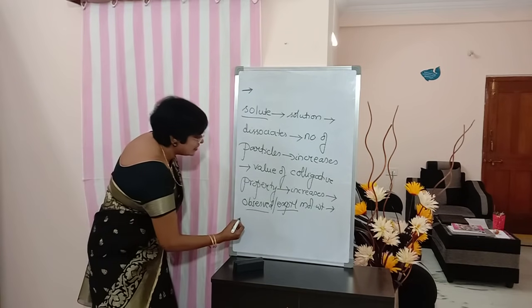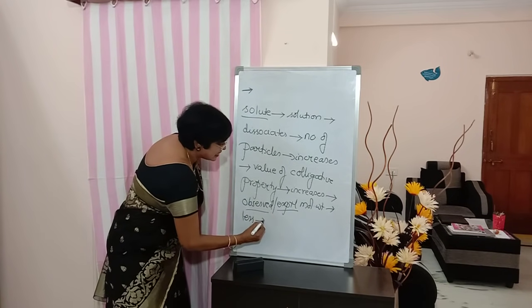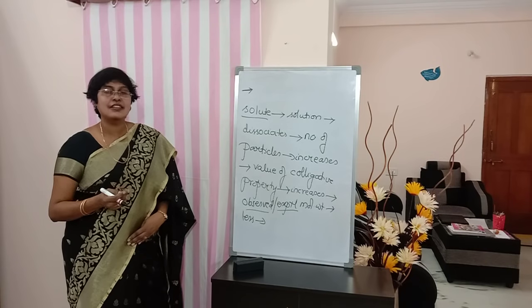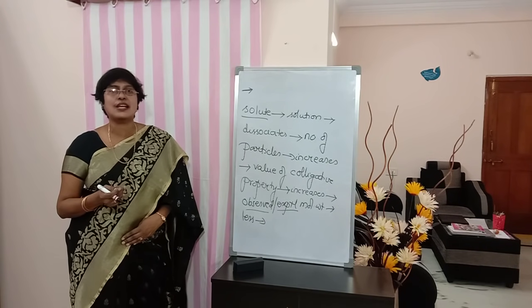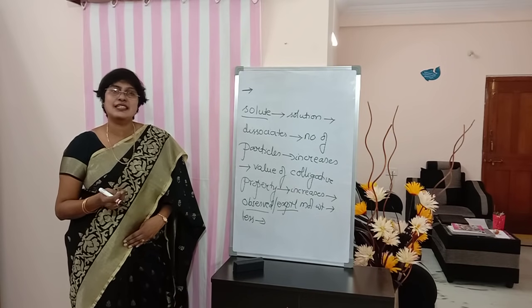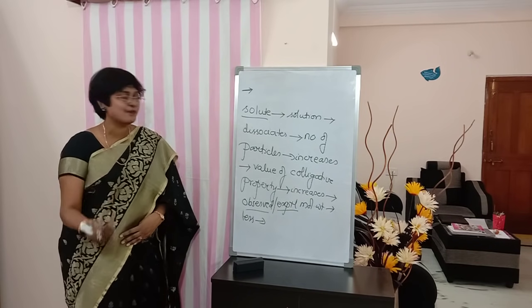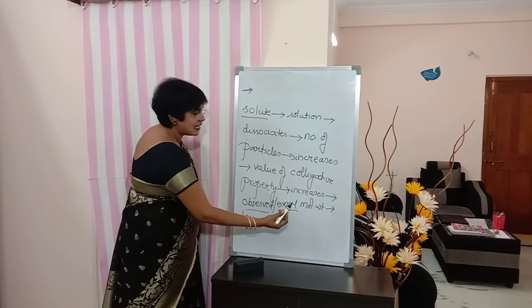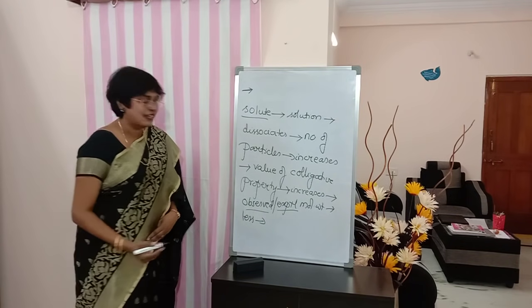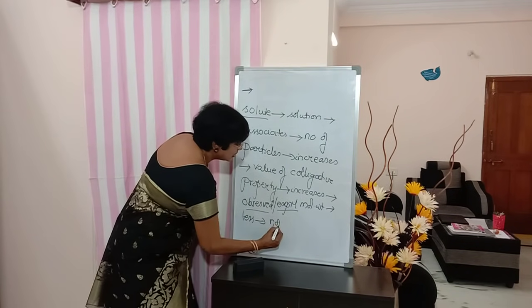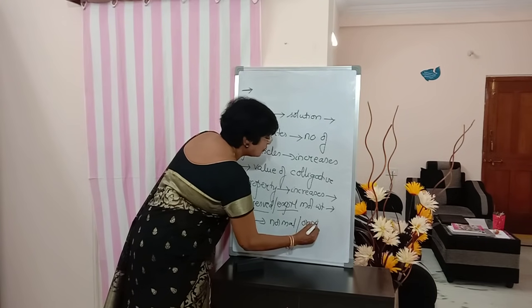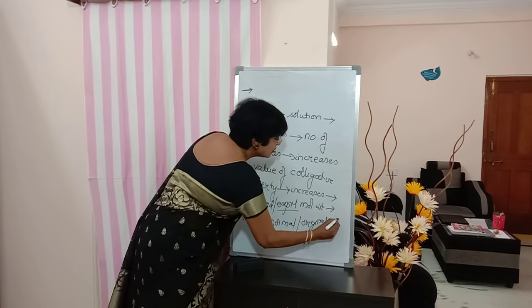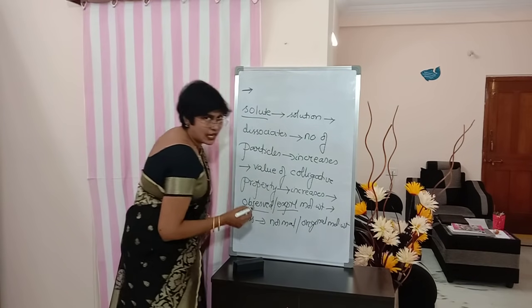less than. We can calculate molecular weight of a solute in another way. Now students, how to calculate? We can calculate it from its formula. Therefore, observed or experimental molecular weight will be less than normal or original molecular weight.